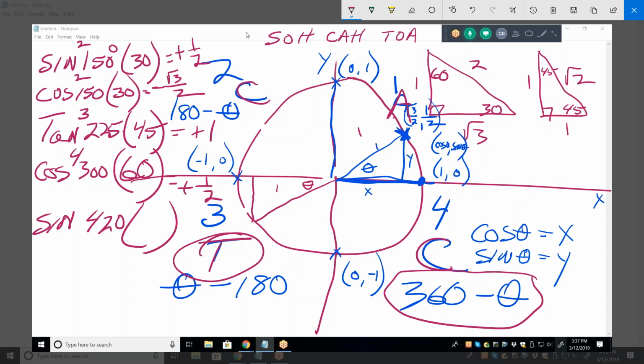Same process. In other words, if you have an angle that is outside the unit circle, subtract as many multiples of 360 as you can to get it inside the unit circle. And positive is better than negative. It's just easier to work with.